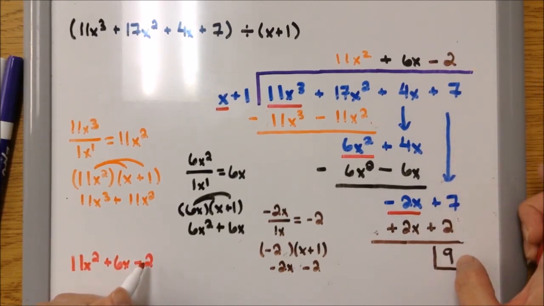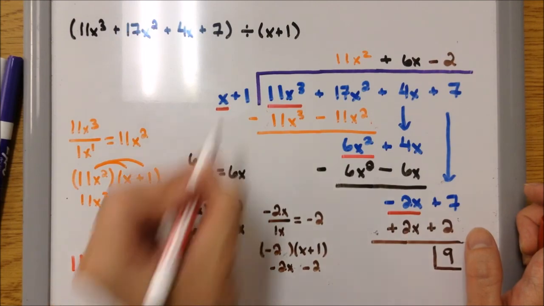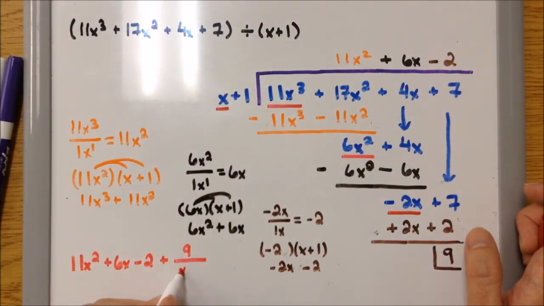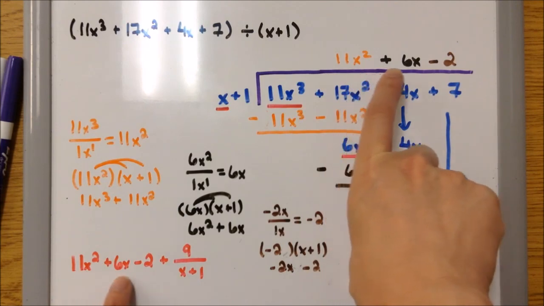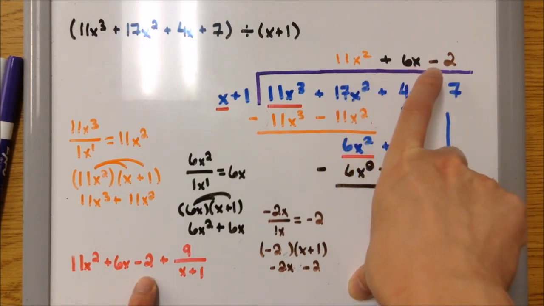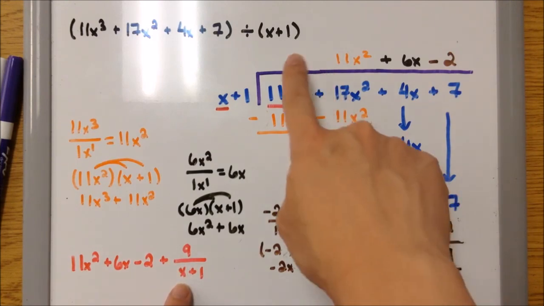Now since it's a positive 9, I'm going to write plus 9 as the numerator and our divisor as the denominator, x plus 1. So that's our answer: 11x squared plus 6x minus 2 plus 9 over x plus 1.